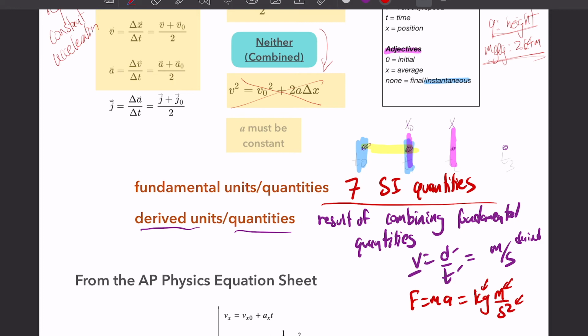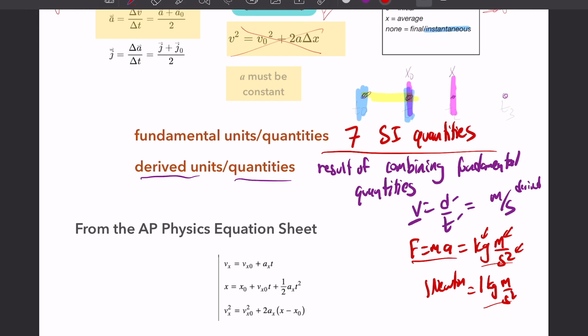We could say force has units of kilogram meters per second squared, but that's a mouthful. So sometimes we do a new kind of substitution, and we define that as 1 Newton. Whenever we have 1 kilogram meter per second squared, that's equal to 1 Newton, and we would say the force is then 10 newtons. Those are derived quantities and derived units, no matter how you look at them.